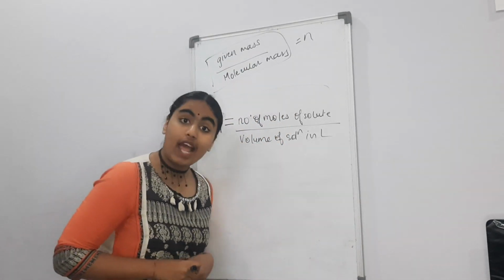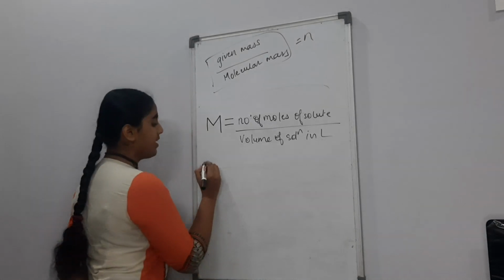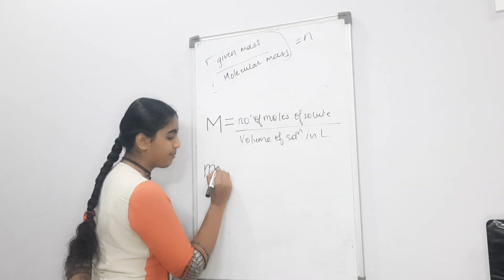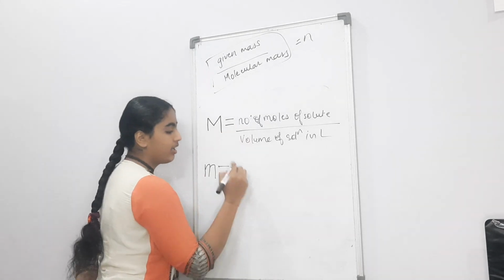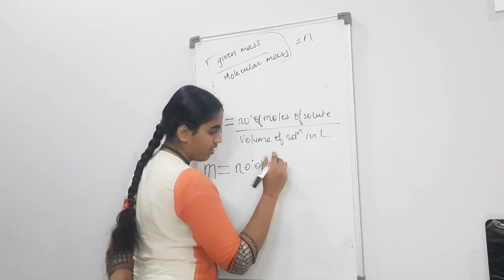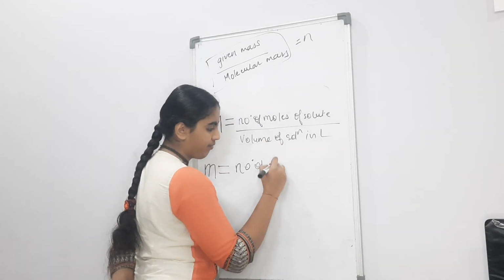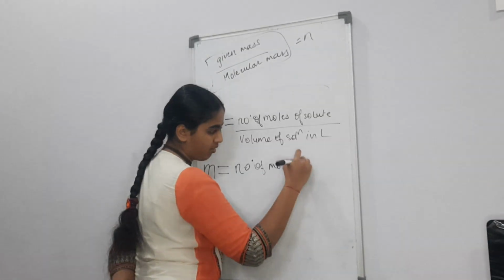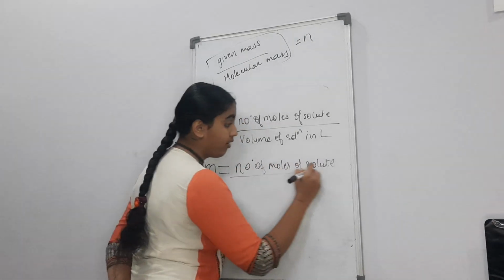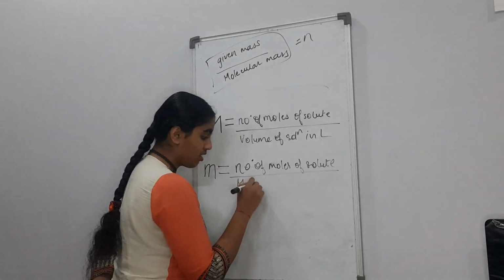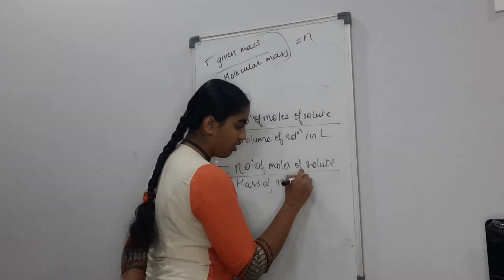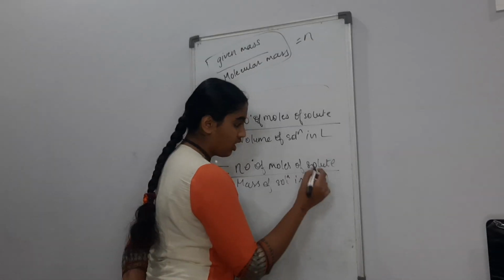Coming up to what molality is. Molality is denoted by small m. Again, if you don't know this by now, please start studying. The numerator remains the same: number of moles of solute upon mass of solvent in kg.